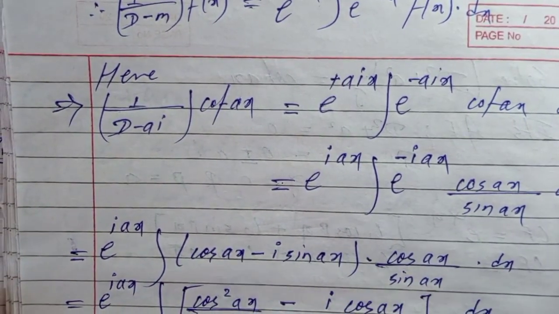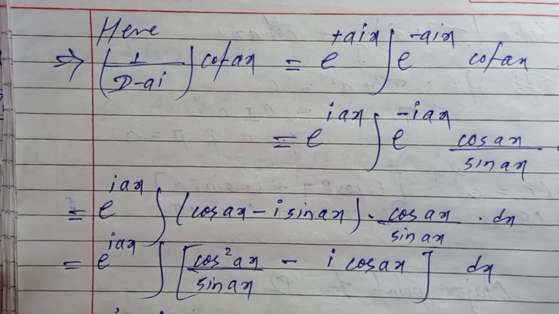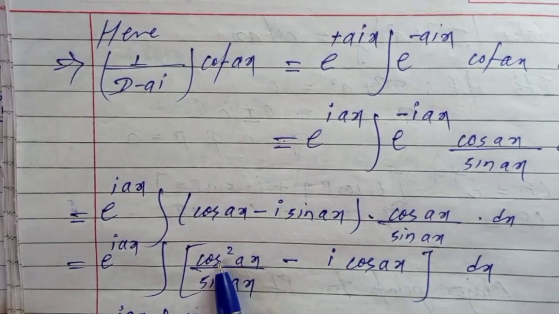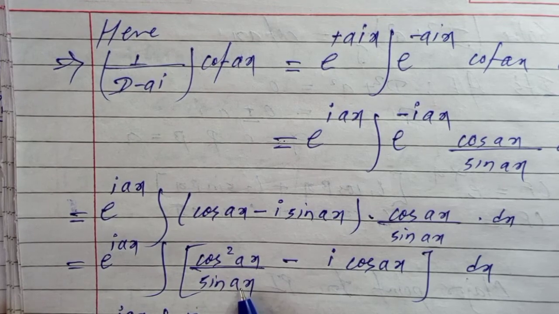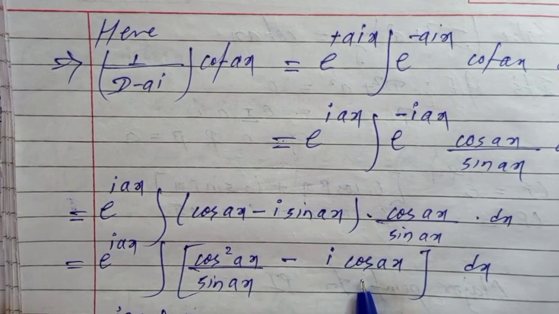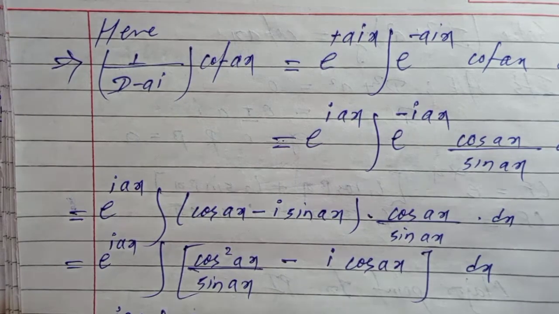So on multiplying each, the new expression is going to be like this. Means here cos and cos going to be cos square divided by sin ax, and here sin and sin going to be cancelled, just only cos term will be left over there.